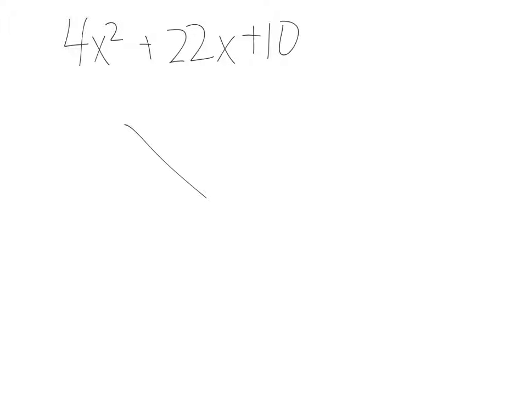Just like every other time that we have gone through and factored, you have to first make sure there's not a greatest common factor in each one. And there is a GCF in this one, it's 2. So now I have 2x squared plus 11x plus 5. So our answer is always going to have a 2 on the outside.